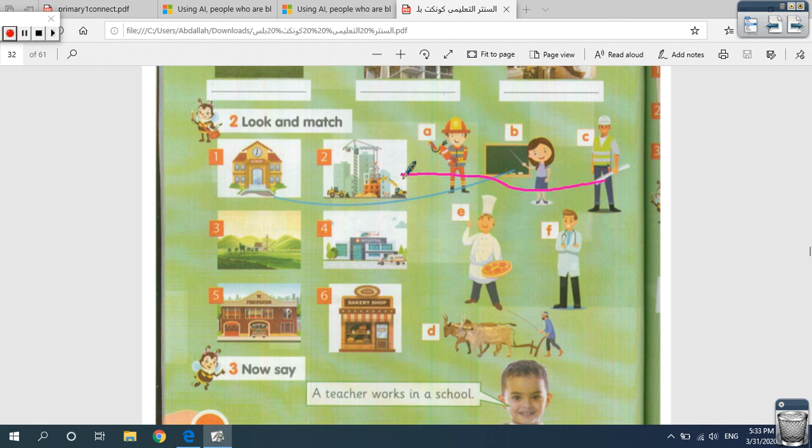So number 2 with letter C. A farm. Who works on a farm? Farmer. Number 4, hospital. Doctors work in hospitals. Fire station, of course, with firefighter. What else do we have? The baker. He works in a bakery. Match with me, please.